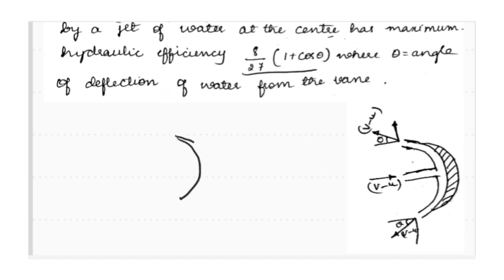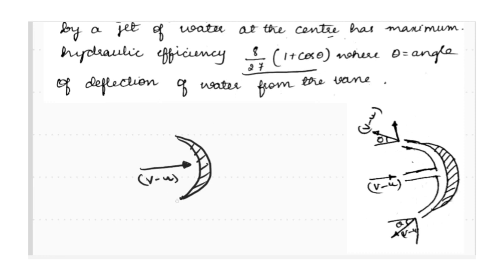So that is what we can draw the figure like. This will be the curved vane. So jet of water striking the symmetrical curved vane with the velocity, it is moving, so it is v minus u. But what happens is, in the previous problem we have solved, the jet gets deflected in the reverse direction, so that was the semicircular one. But here it makes an angle, that is the jet gets deflected by an angle theta.